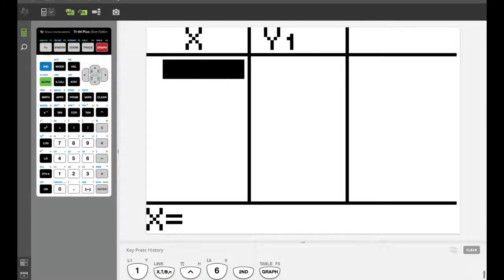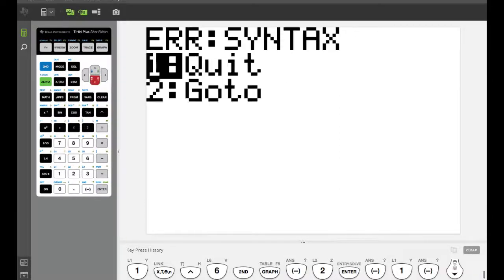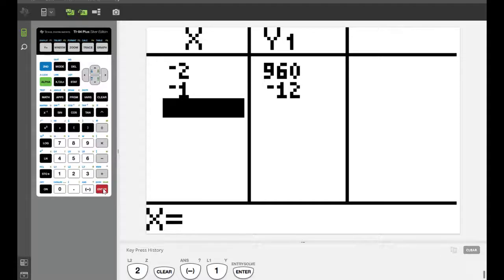So now we're going to go to our table, second graph. We're going to do -2, our value in that left region. We get a positive value. Then I believe we did -1. Sorry, I deleted that. It's easier if I do this. -1 gives us a negative value.